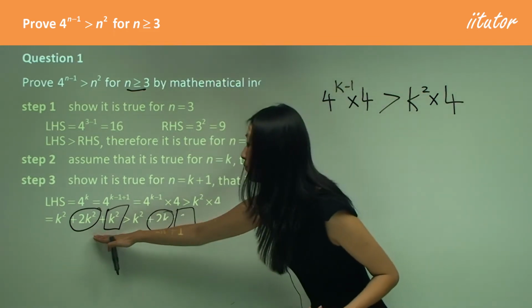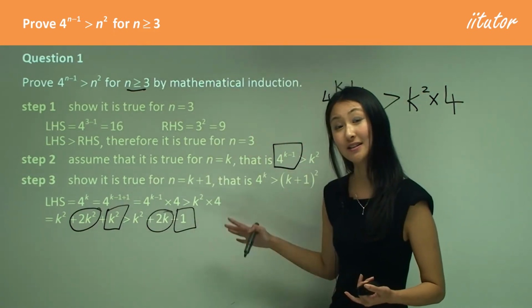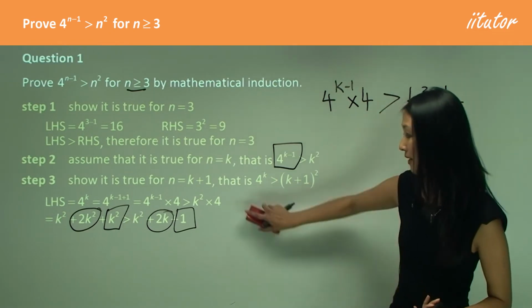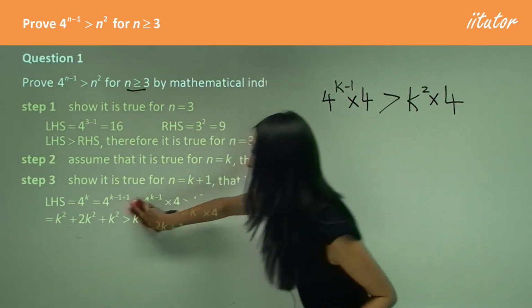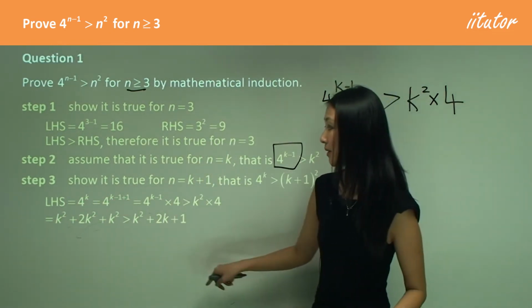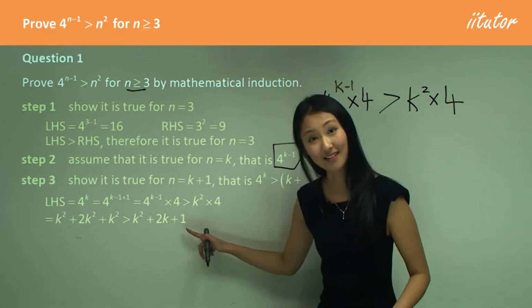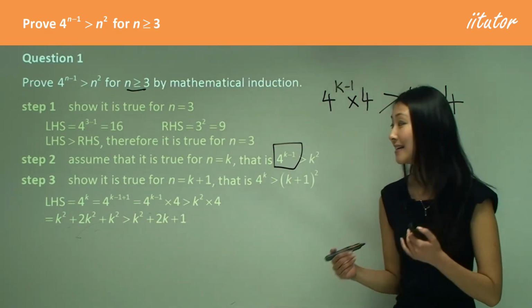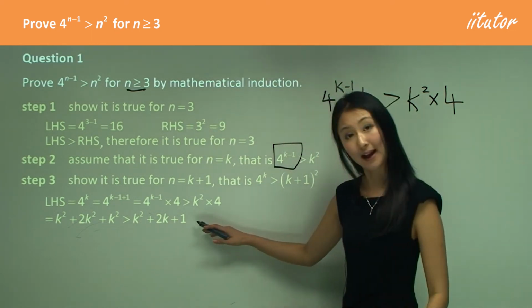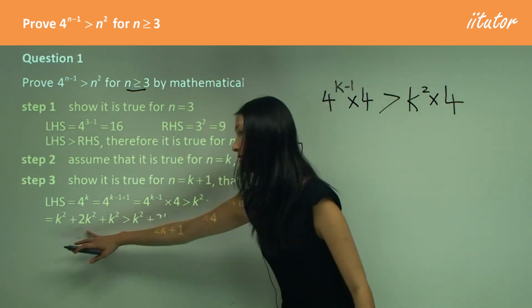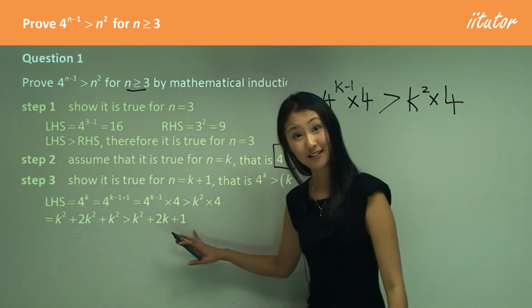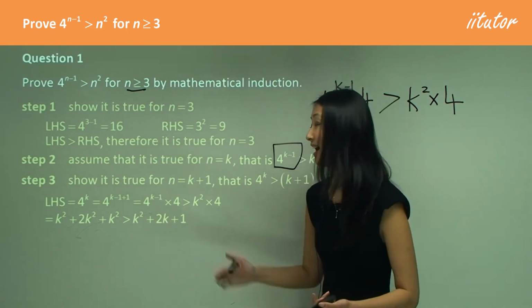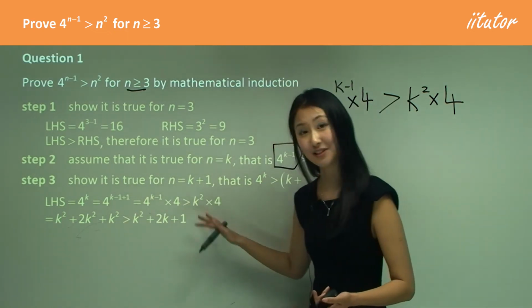So we have two values that are definitely going to be greater than the other side. So that's how we can make the conclusion that yes, k squared plus 2k squared plus k squared will be greater than that. But can you see how I needed to separate this to look like this? So I can say that this is greater than that and that is greater than that. So I'm showing the examiner that I understand how this is greater than that.